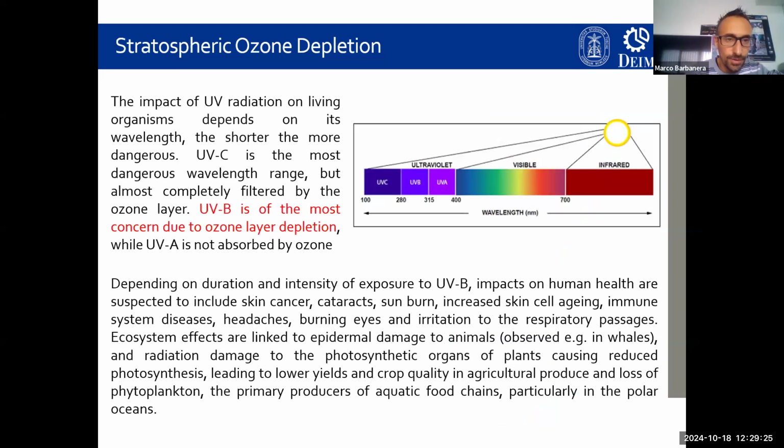In particular, as regards the stratospheric ozone depletion, first of all, we have to say that the solar radiation is divided into different wavelengths, and according to the wavelength, we can divide the solar radiation into three classes: ultraviolet radiation, visible radiation, and infrared radiation.